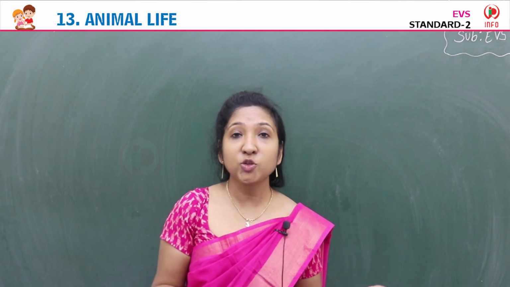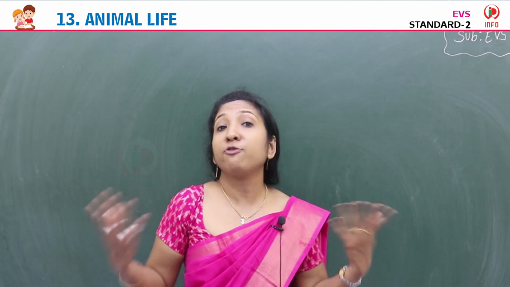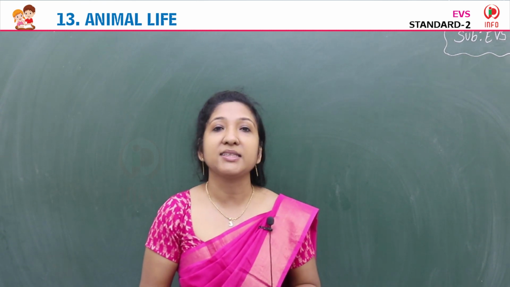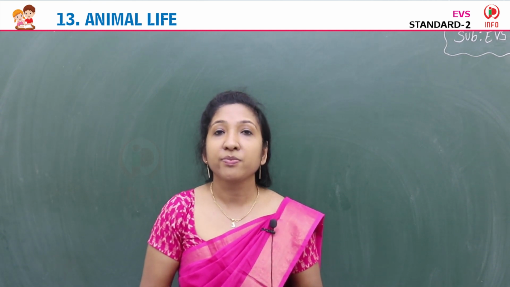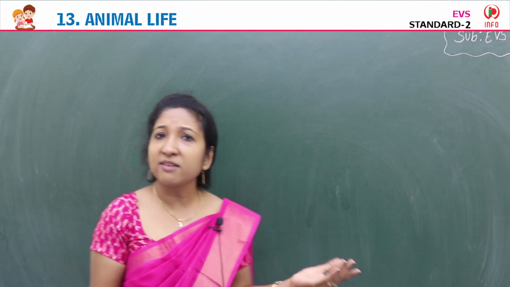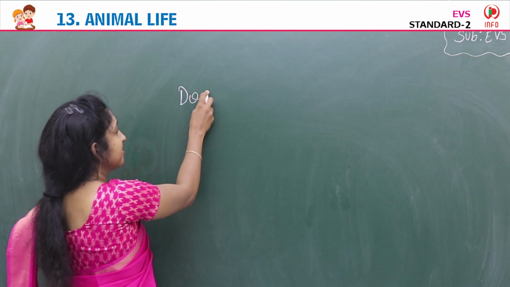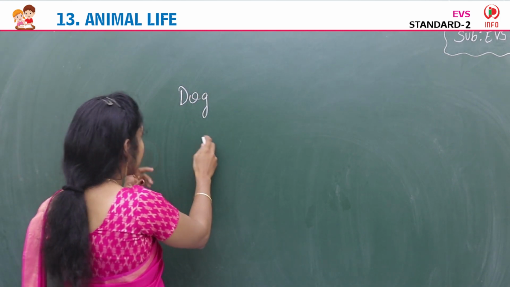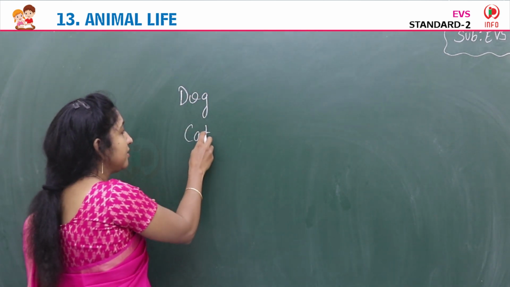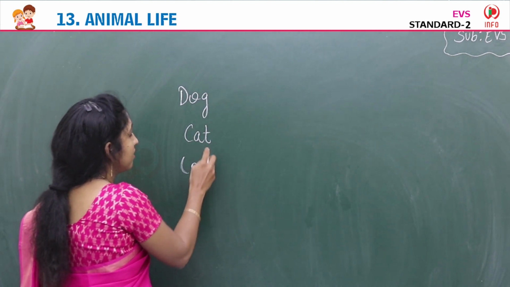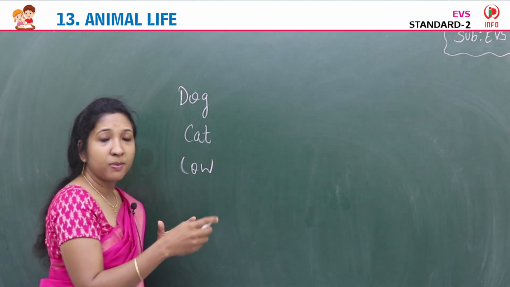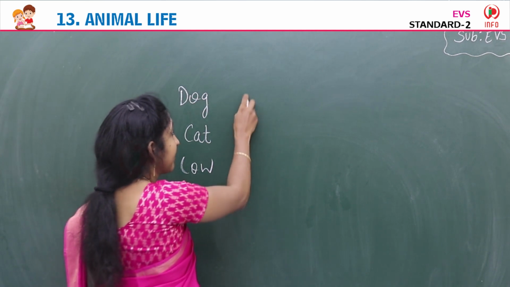So coming to the animals, there are different kinds of animals we can see around us, isn't it? Can you name some animals that we can see around us? Yes, dog we can see, then cat, then cow, then some birds also we can see, isn't it?